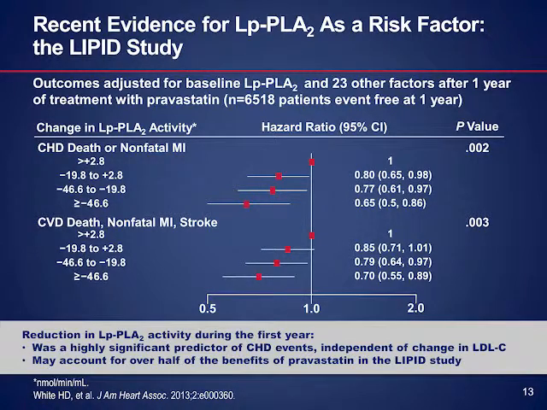So we can see the dramatic impact that diminishing Lp-PLA2 activity had on events. And if you look at the top part of the slide, you can see that when Lp-PLA2 activity was dropped over 46.6 points, there was a 35% reduction in these events, which is highly significant.